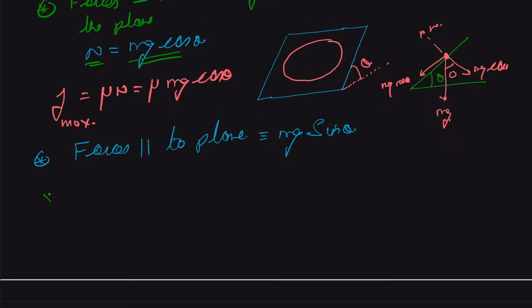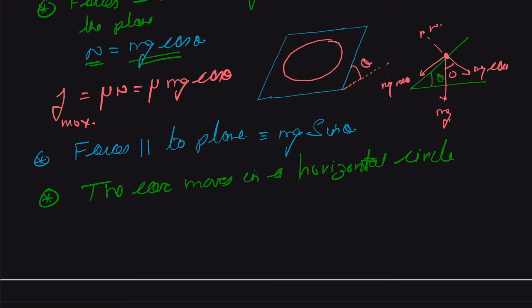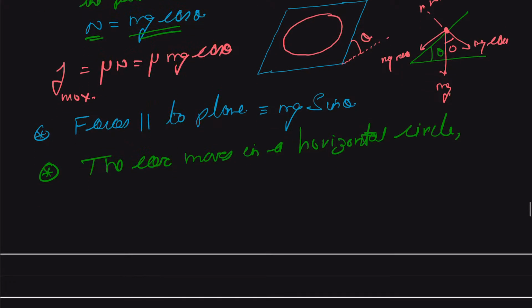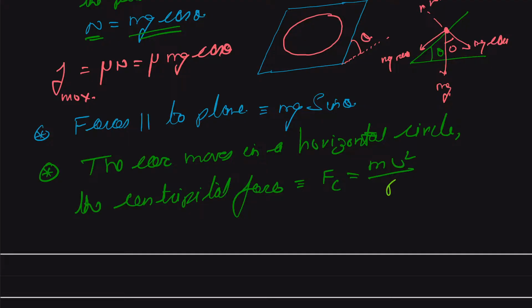Therefore we can write that the car moves in a horizontal circle, the centripetal force, that is our Fc, will be equal to mv square upon r.